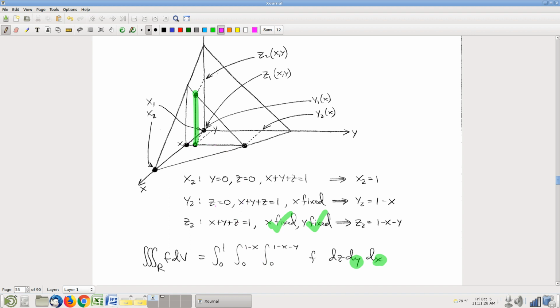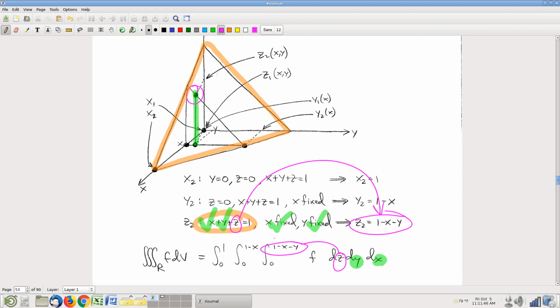But this point, what do I know about that point? Well, that point is on this plane. And I know x and I know y. Solve for z, and I get that my upper z bound is that. Everybody on board? Everybody see the process?